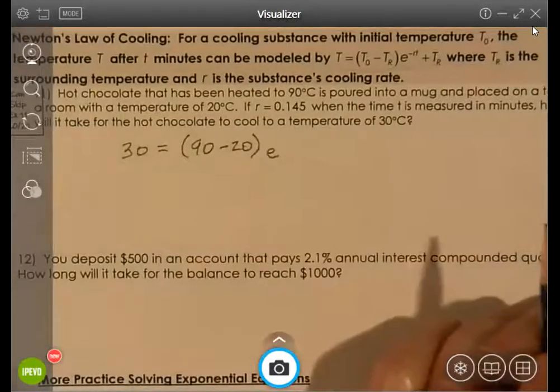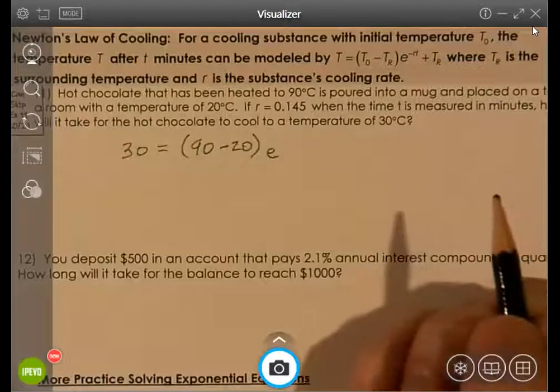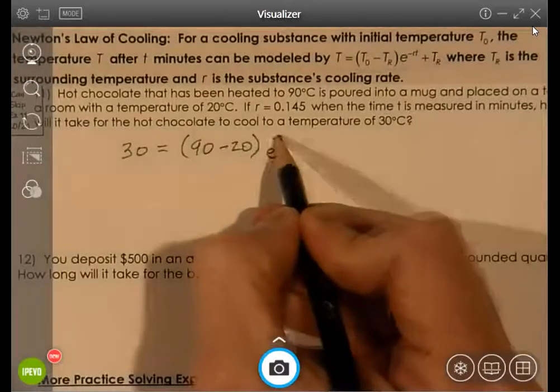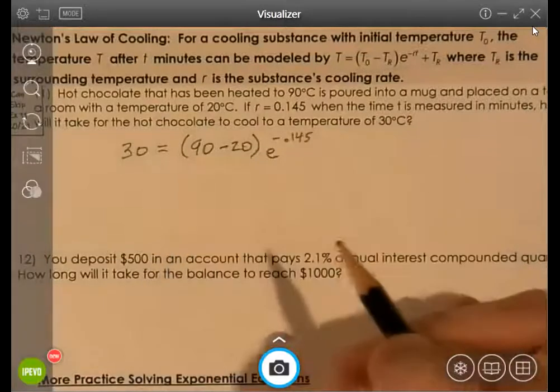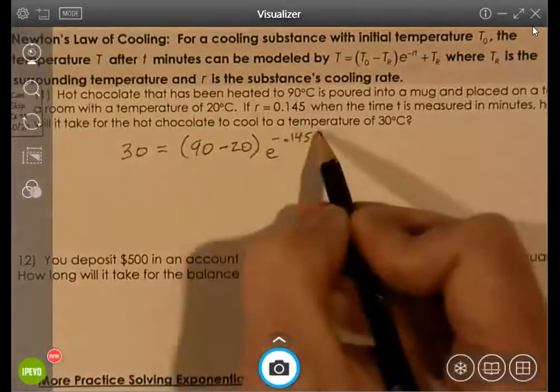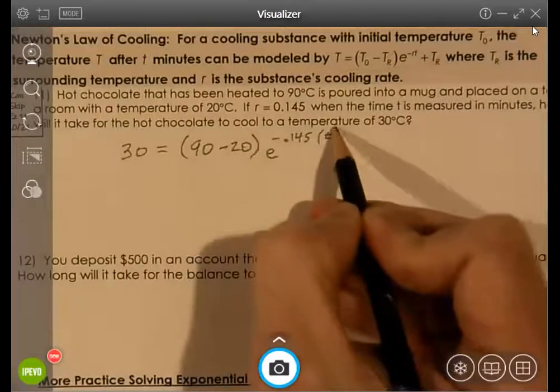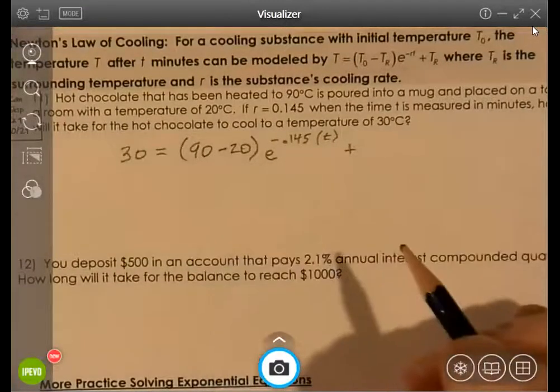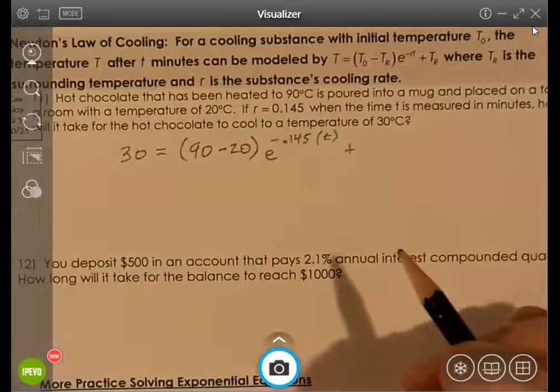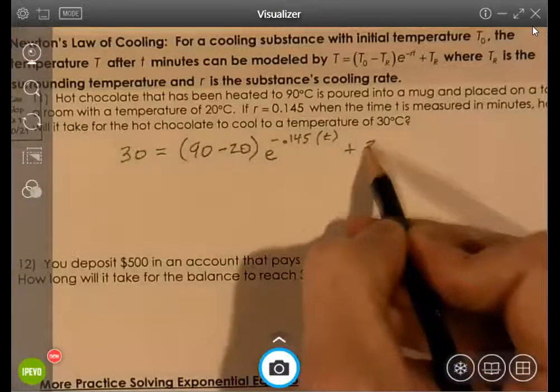We have e to the negative r, 0.145 times t, which we're solving for, that's your time, plus T of R, which is 20.